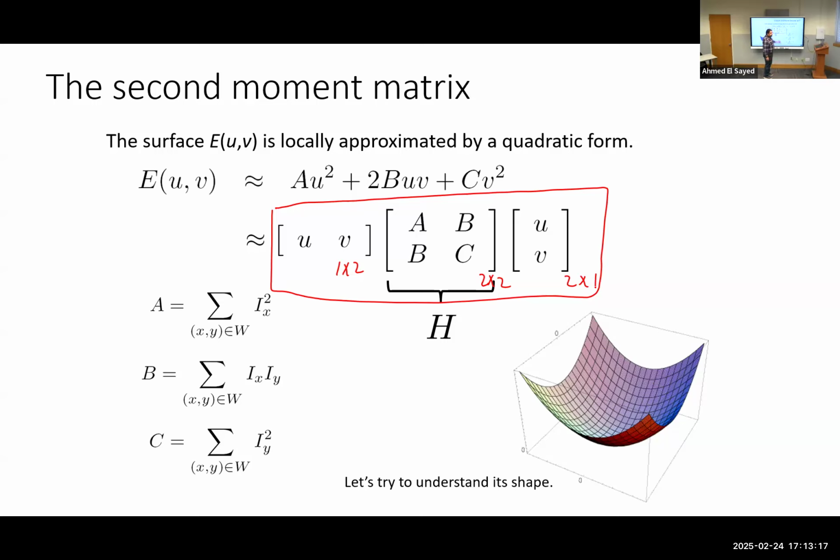This matrix is always 2 by 2. Why? First, this is a scalar. It's not a vector. It's an error value. So it's a number. Okay? So those are numbers. This is a scalar. This is a scalar. This is a scalar. So the H matrix will always be 2 by 2. It can't ever be bigger than that.